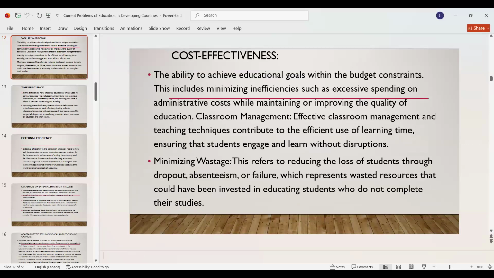Yesterday, the developing countries issues started. So we stopped in this slide, cost effectiveness. Cost effectiveness is common even for organizations, right?